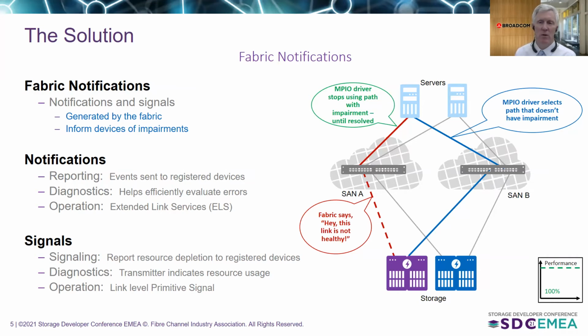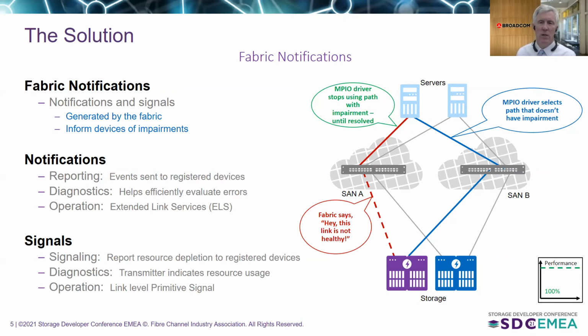What we found when utilizing Fabric Notifications in a multipath environment is that when a multipath driver detects that there is a particular error, rather than just realizing that the I/O didn't complete for some particular reason, a notification is sent by the end devices or the fabric that have detected what the physical error is all about. That notification is sent up to the HBA, and that's then further percolated up to the MPIO driver.